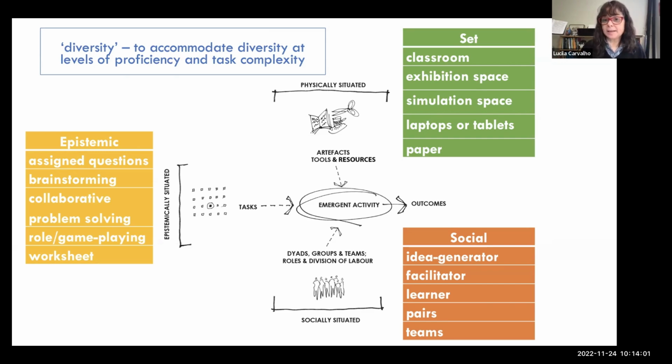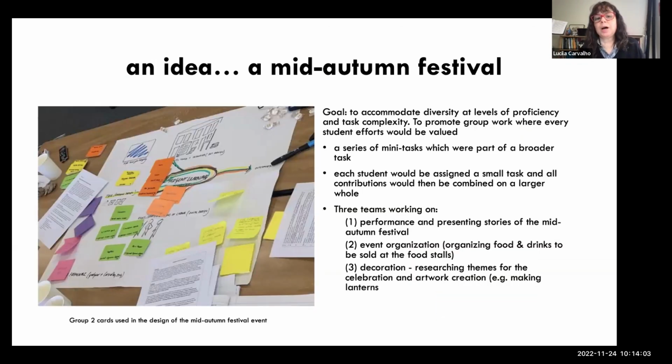So what they designed was a Mid-Autumn Festival. This was obviously to accommodate the idea of different levels of proficiency and task complexity, but they really wanted something about group work where every student, independent of their level of proficiency, would feel valued.